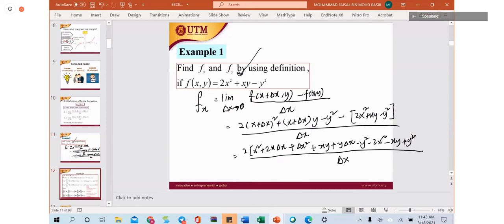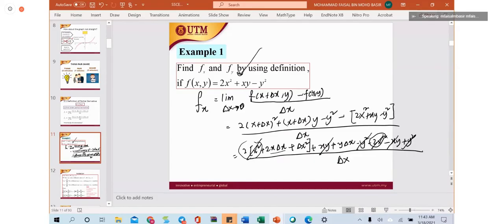Don't forget we have 2 here, so we have to put it. So this 2x squared and this will be cancelled off. Then 2x delta x will remain. Delta x squared also will remain. This will be cancelled off.